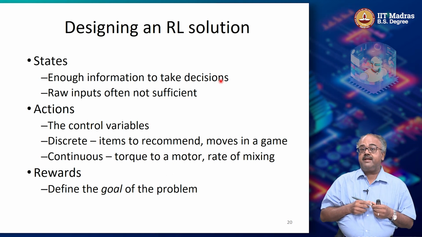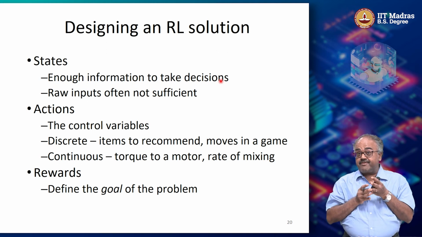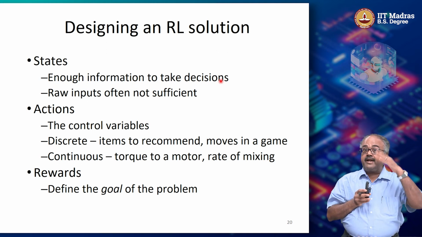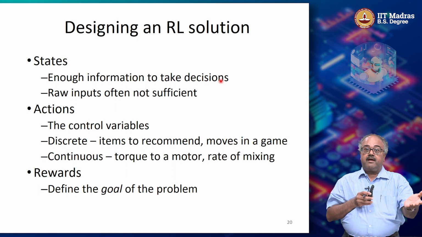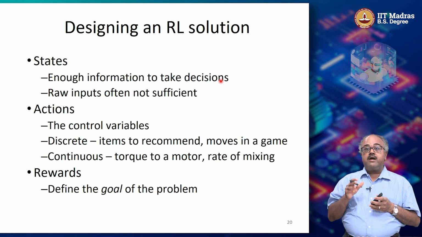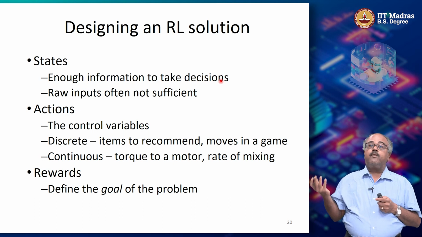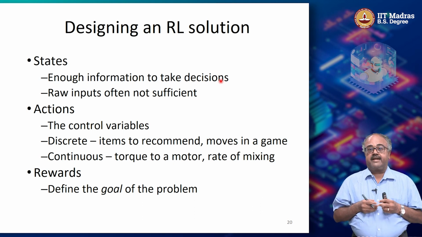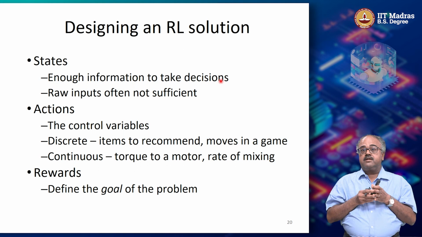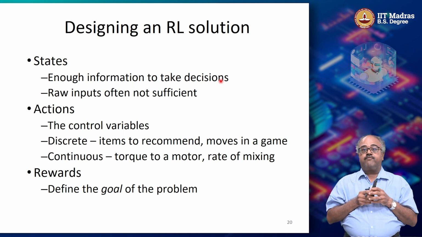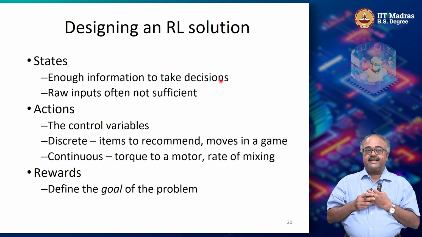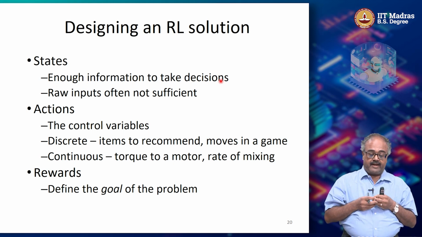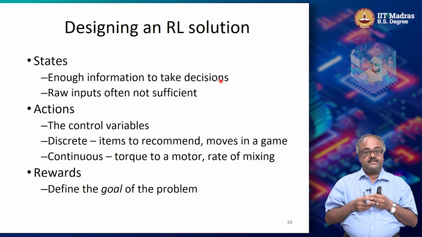What does that mean? It means the state has enough information so that I can predict what the next state is going to be without having to know more history of how I came to that particular state. So the state has enough information to predict what will happen going forward without knowing any more history. That is what we mean by a state needing to have enough information to take decisions.